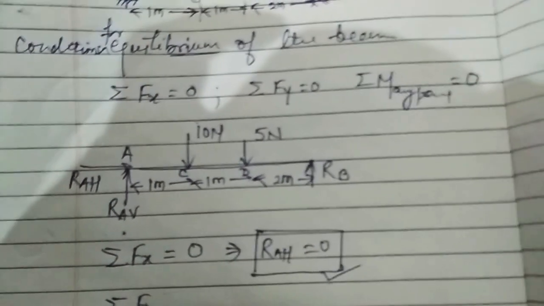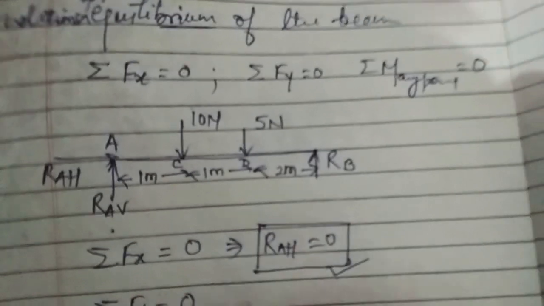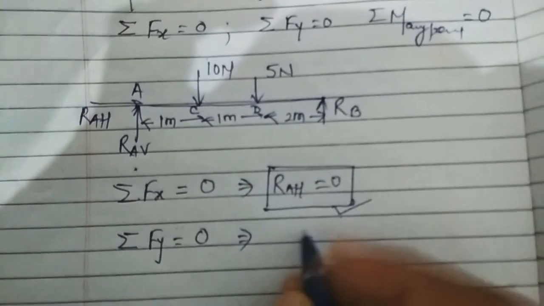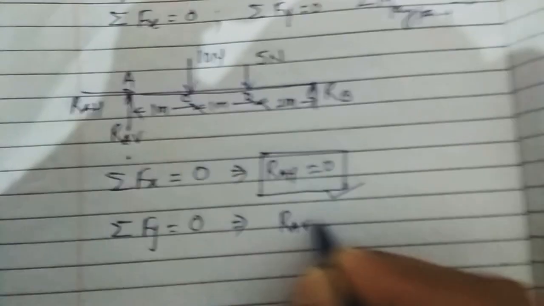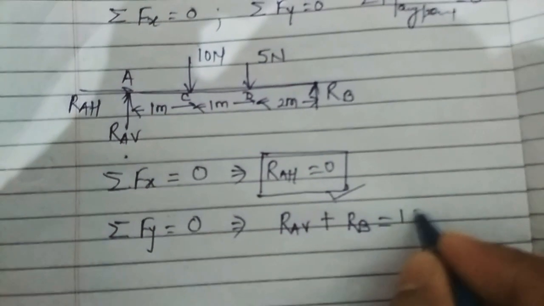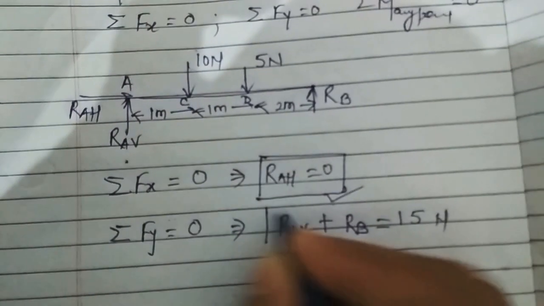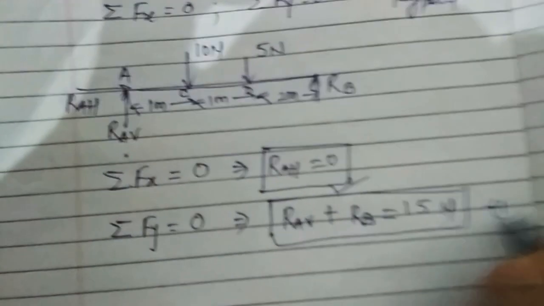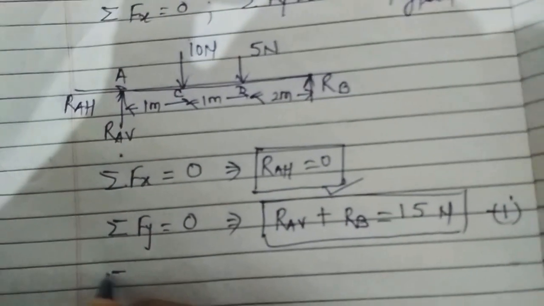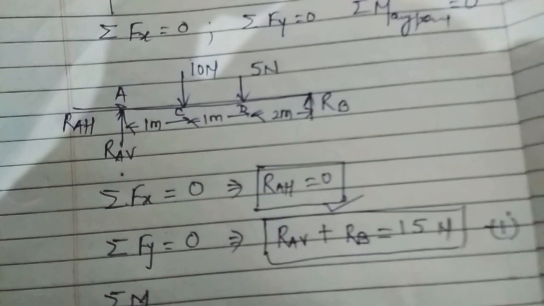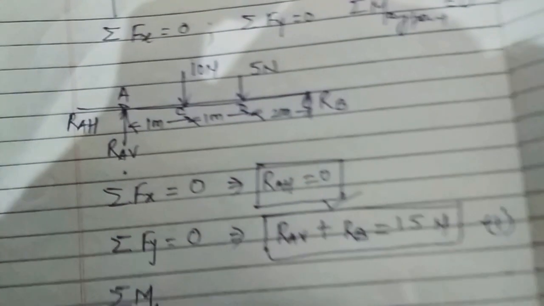Now next, summation of Fy equal to 0, that is RAV plus RB equal to 15 Newton. Equation number 1. Now apply the condition of moment, summation of moment about any point. So first let's consider the moment about point A.